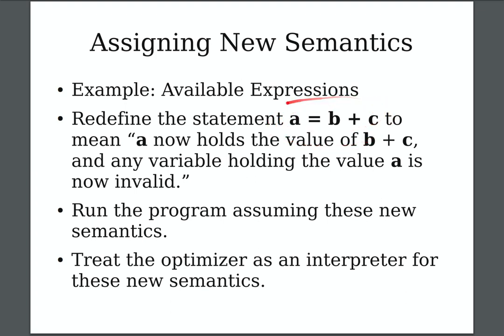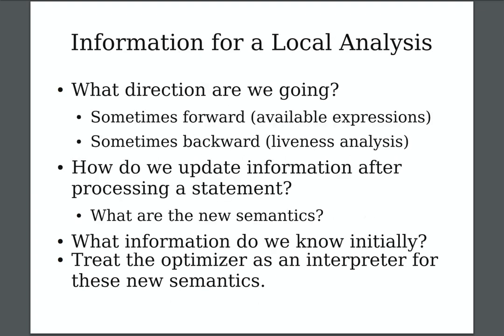Instead of trying to compute the actual value of A for one particular input, we're computing, in this case, what expressions are available at this program point. So you can think of program analysis and optimization as being a special kind of interpreter for our program.